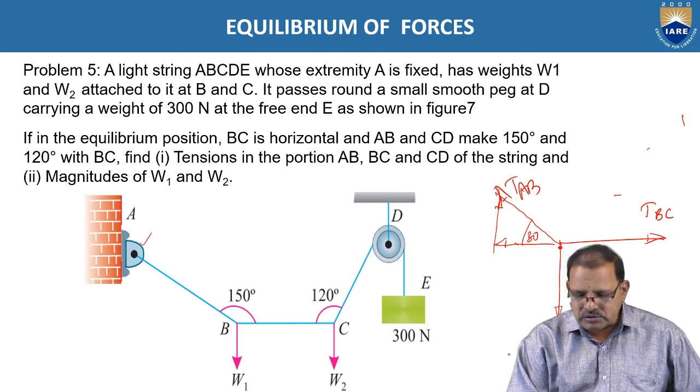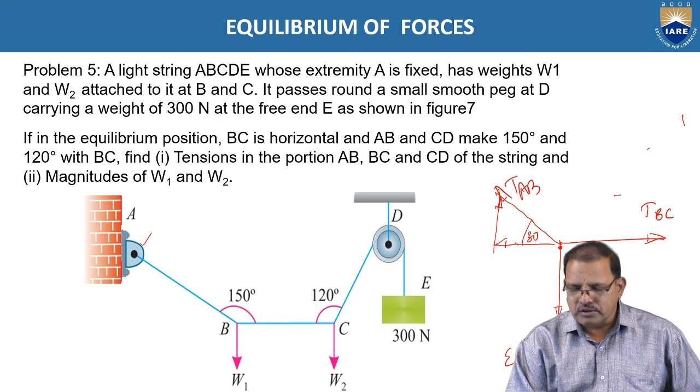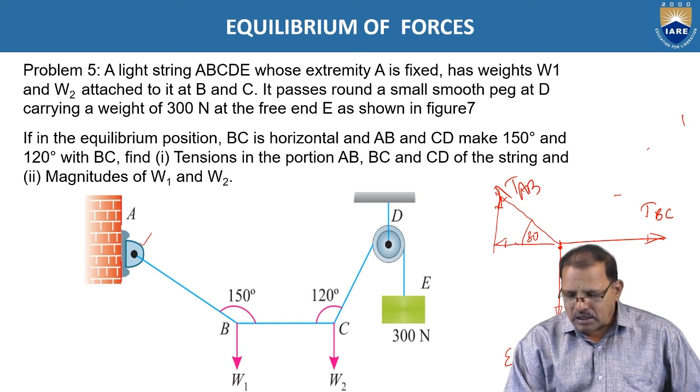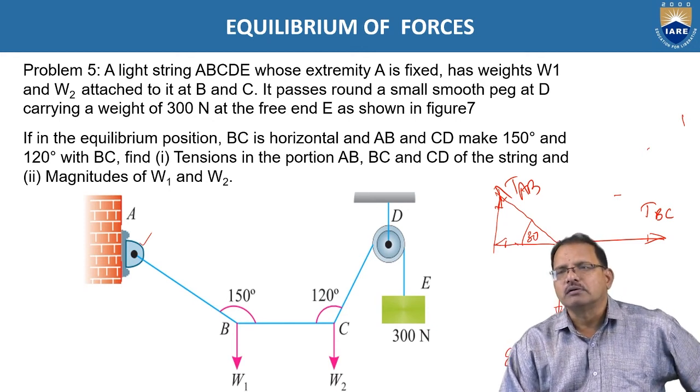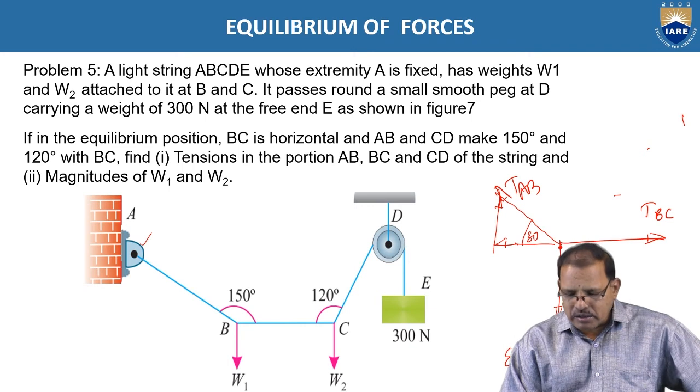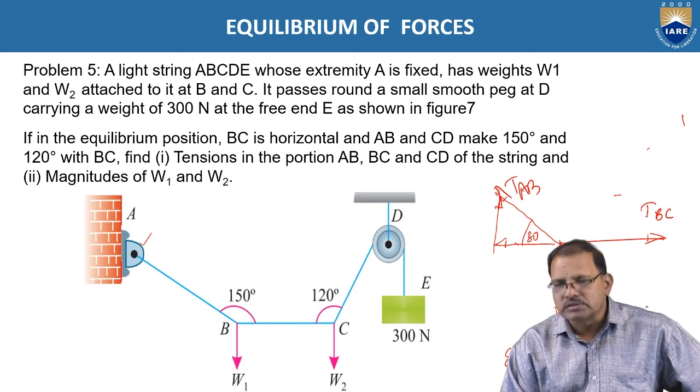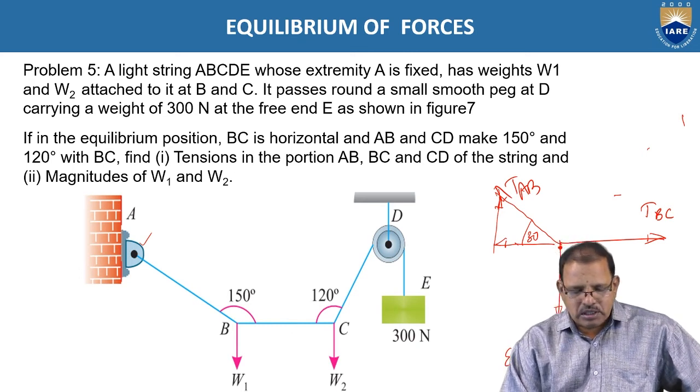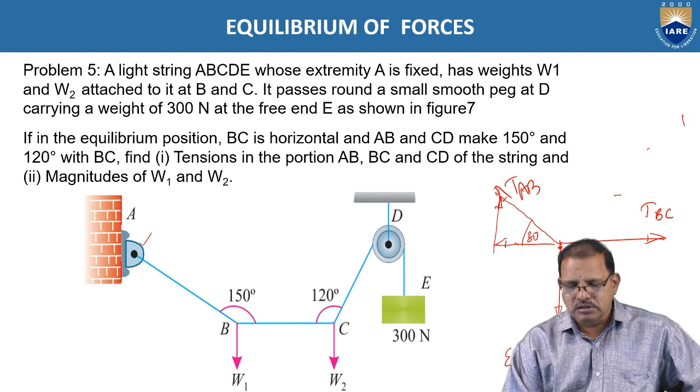Now sigma Fx is equal to 0: Fx is TBC positive minus TAB cos 30, which should be equal to 0. Since TBC is already determined, by using the equations we will get the value of TAB. The second equation is the sum of the forces acting in the vertical direction.